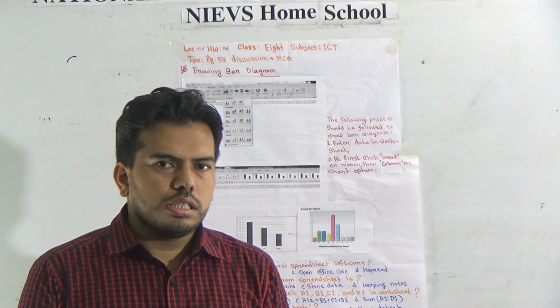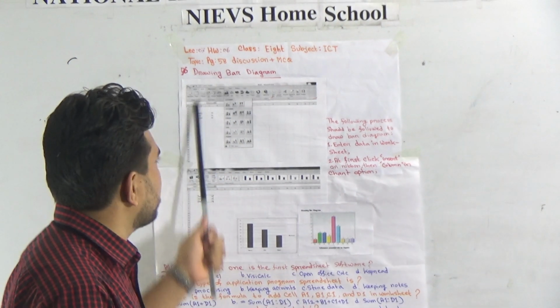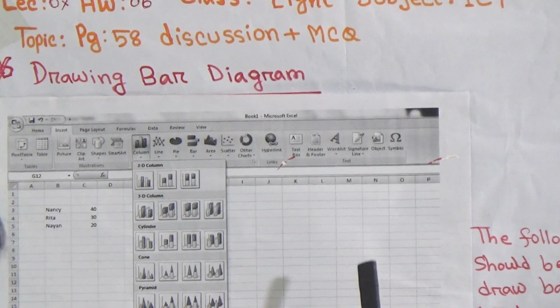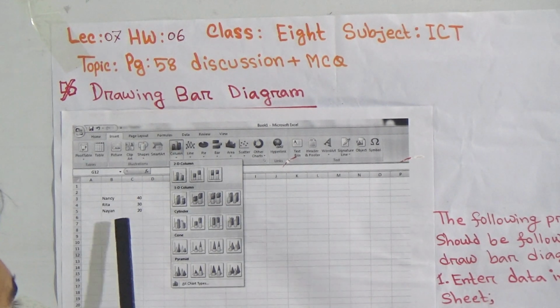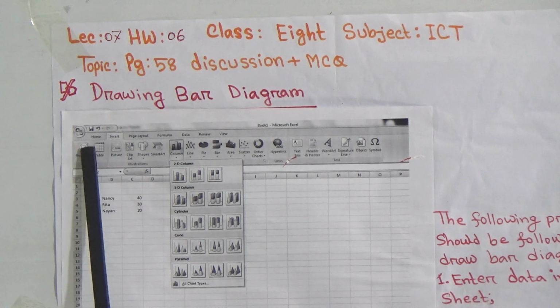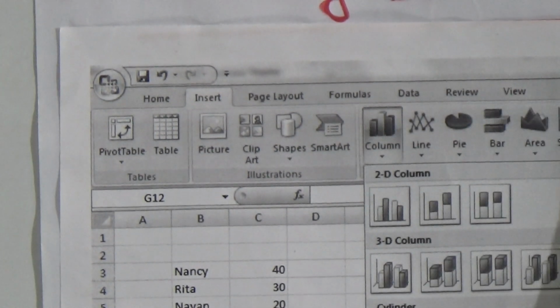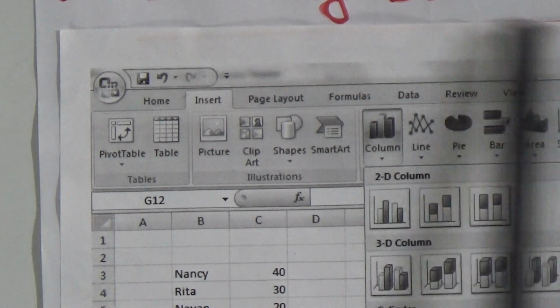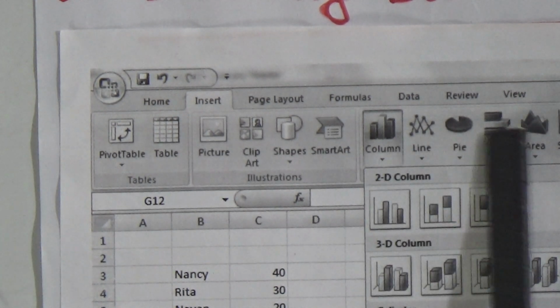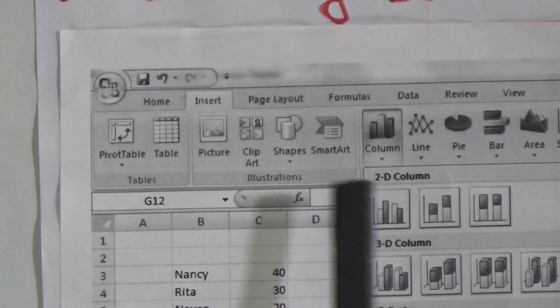After clicking, you will find this type of page. This worksheet page will appear, and at the very top side you will get home, insert, page layout, formula, data, review, view. That type of command. On this ribbon you will get these commands.